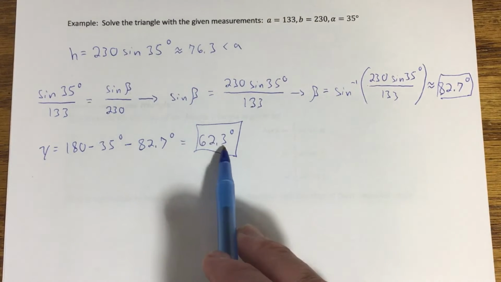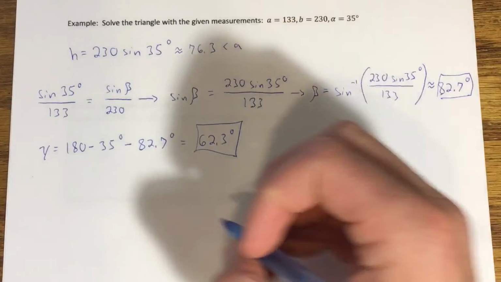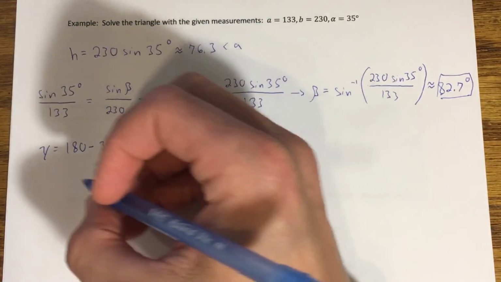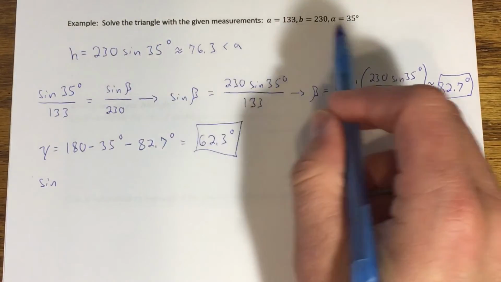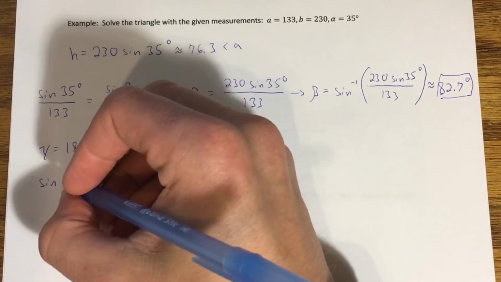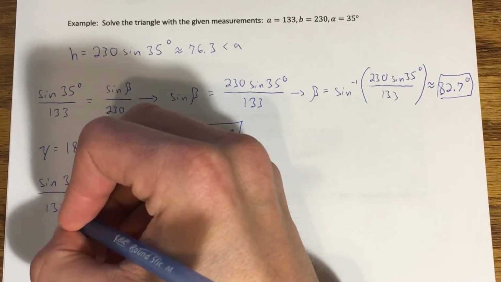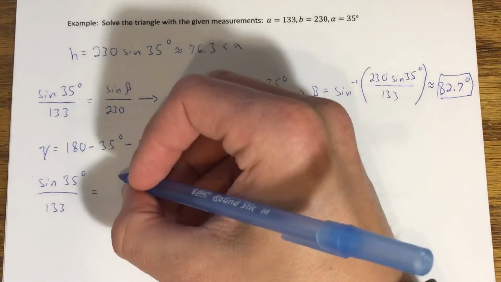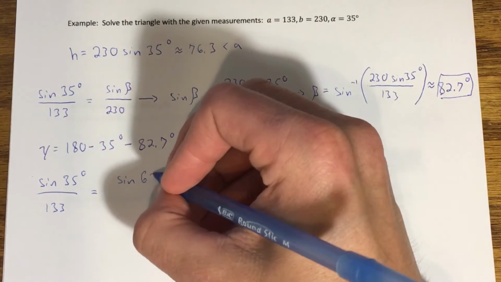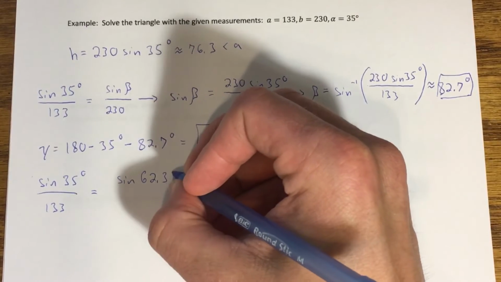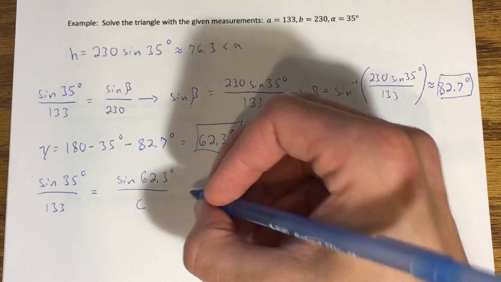But with gamma now known, I can use my law of sines to do that. So I would set up my law of sines, which, let's use a and alpha since we know exact values for those. Sine of 35 degrees over 133 equals sine of gamma, which even though we have an approximate amount here, it's the best we can do, so we're going to use 62.3 degrees over c.